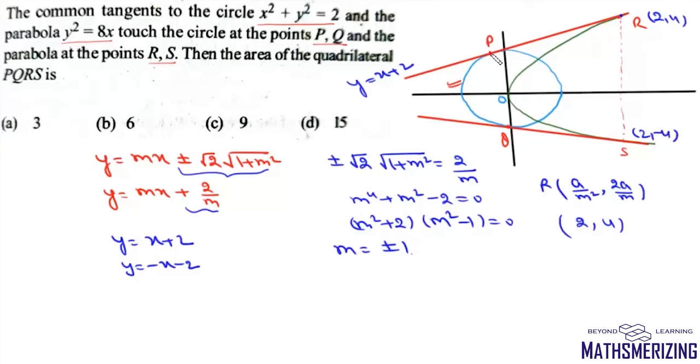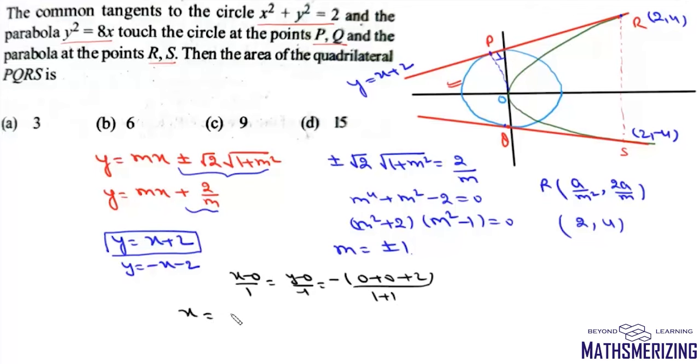Now we need to find the coordinates of points P and Q. For that, we'll find the foot of perpendicular from the origin, which is the center of this circle, to this tangent. So we can write the foot of perpendicular as x minus 0 upon 1, y minus 0 upon minus 1, and then minus, we'll put the value of x, y as 0, so 0 plus 2 upon a square plus b square, which is 1 plus 1, so it'll be 1.